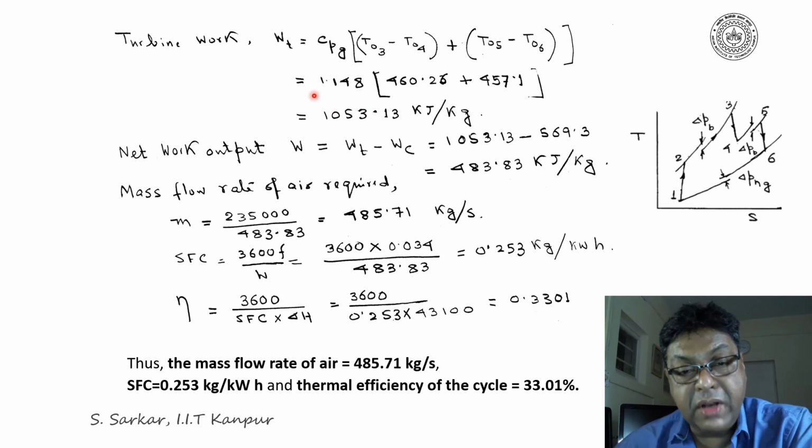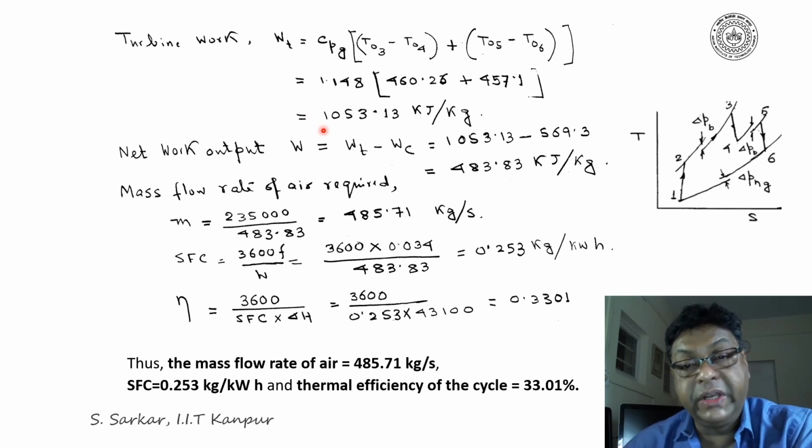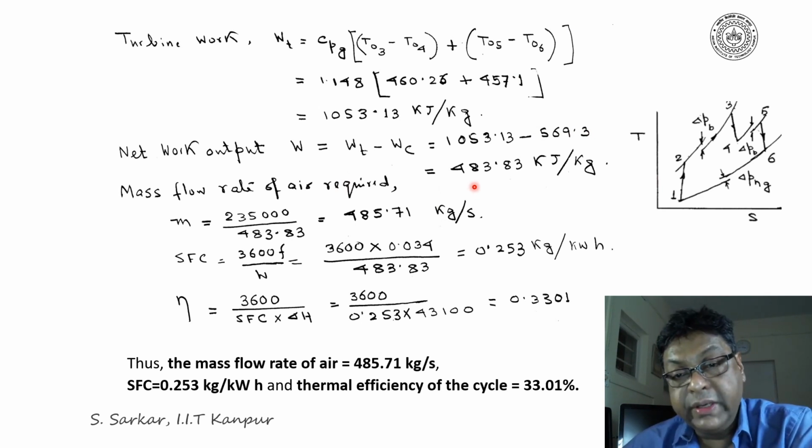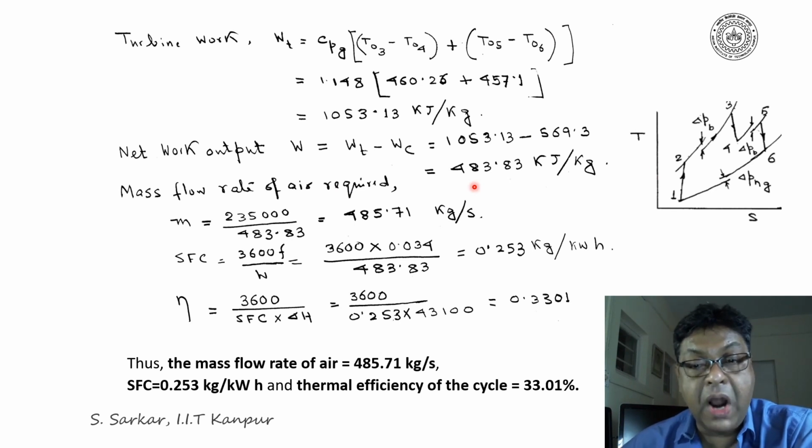Therefore, if you do the multiplication, you will get WT is equal to 1053.13 kilojoule per kg. Now the net work output would be W is equal to WT minus WC. I have already calculated the value of WC. Then W I can get as 483.83 kilojoule per kg. That means this is the specific work output of the cycle.